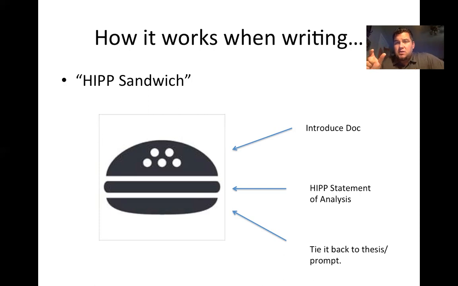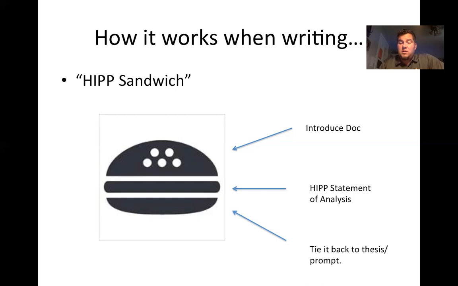In the introduction of the document, you need to briefly summarize what the document is about. So in the letter from the grandfather to his grandson, Joe Schmo to his grandson, he warns about the dangers of playing music too loud. That's a summary. Then the HIPP statement of analysis: considering that Joe Schmo is a grandfather and it is typical for grandparents not to like music being played too loud, his opinion and advice is consistent with what you would expect from a grandparent.